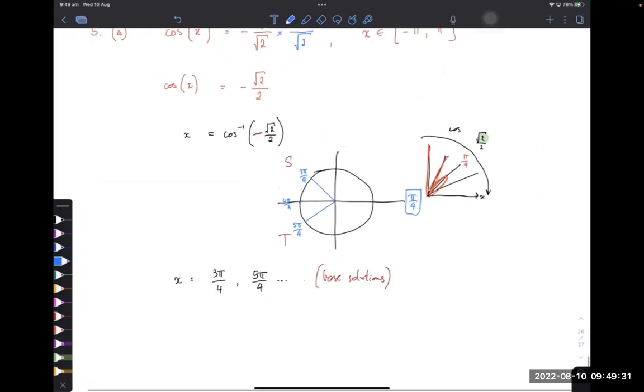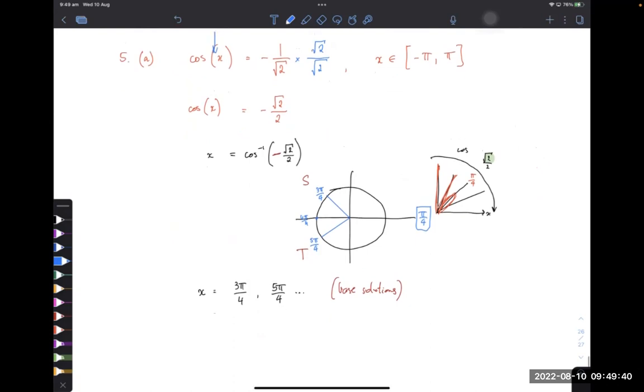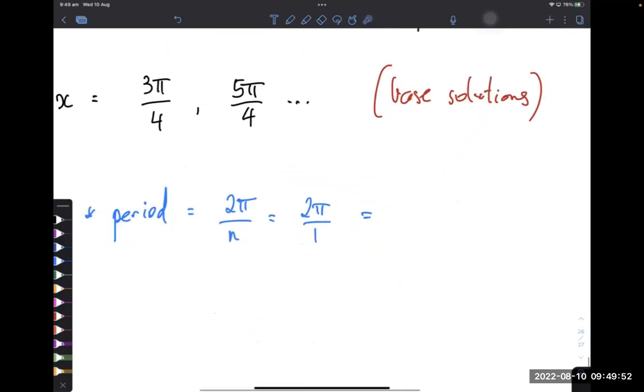Period. N equals 1. Two pi over 1. Do I want to rewrite that instead of 2 pi over 1? What fraction do I want it as?